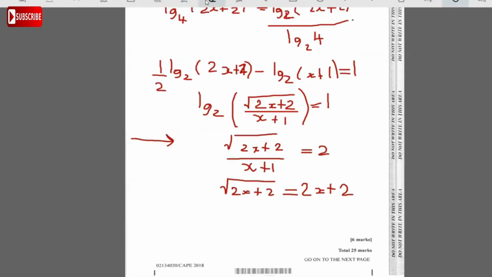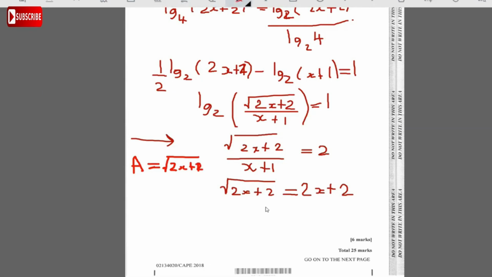Now, some persons might want to look at it like this: let a be equal to the square root of 2x plus 2.